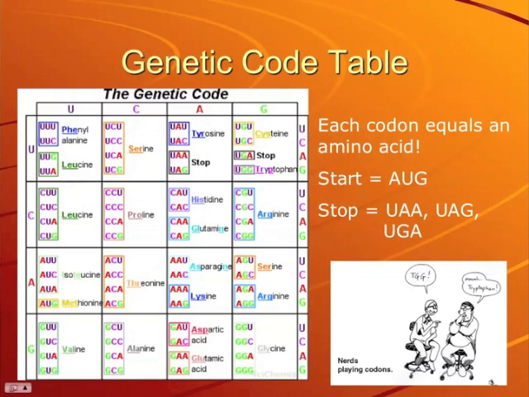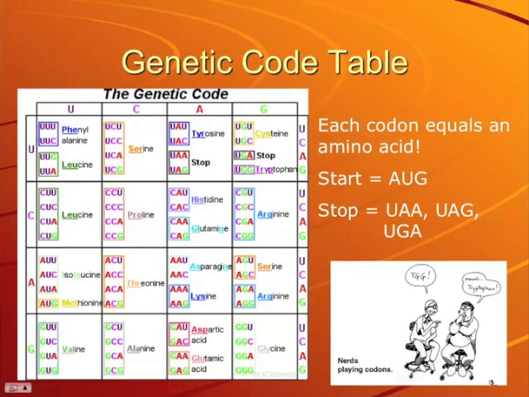You'll see on the far left are the first letters, the top are the middle letters, and the right side are the end letters. There is what's known as a start codon, AUG, which if you look in the code table, codes for methionine. If you remember back to transcription, the promoter is synonymous.